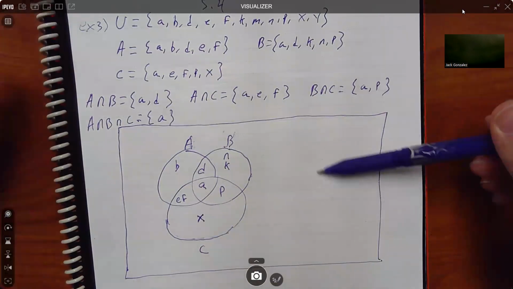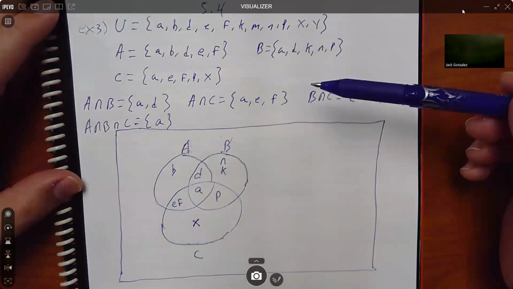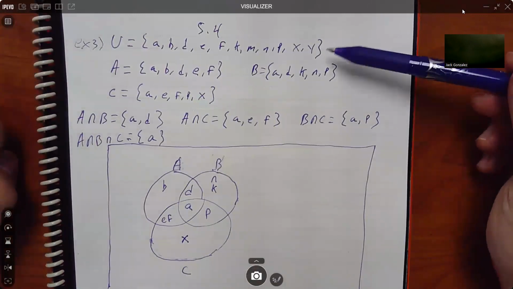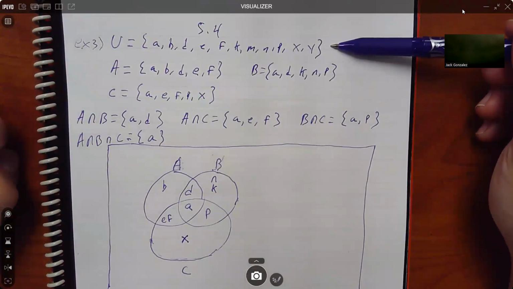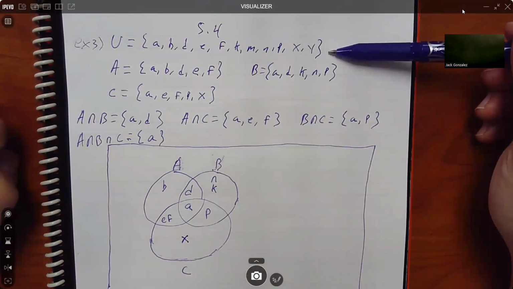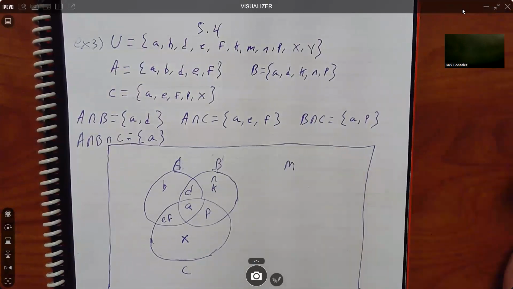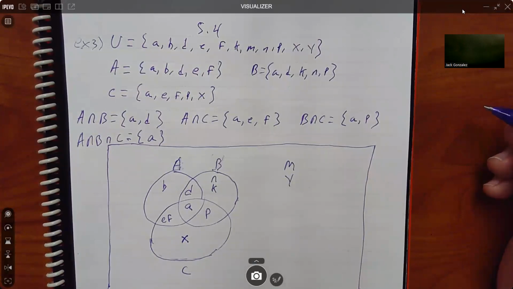But there could be stuff outside of those three circles because A, B, C may not have taken everything inside the U into account. So everything else is not in A, B, C. So M, Y. That's it, right?